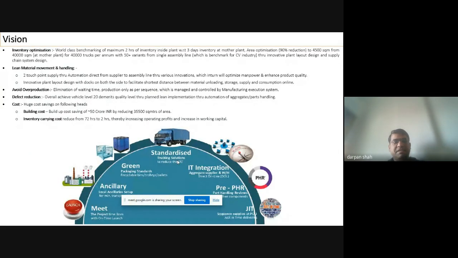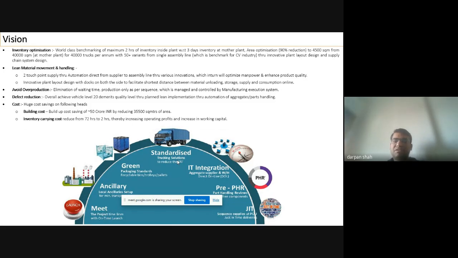This is basically the vision that we started with to design the supply chain at VE Commercial Vehicles Bhopal. So as you can see, there were stringent timelines, and there were local ancillaries which were required to be set up. The area of focus was green packaging, where there should be recyclable bins, trolleys, and pallets, so that less scrap is generated.